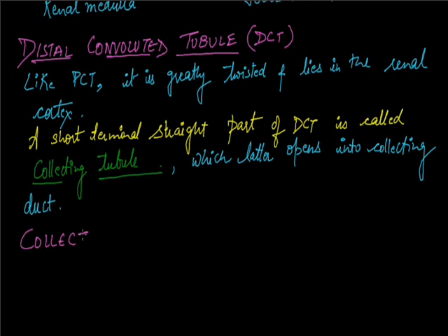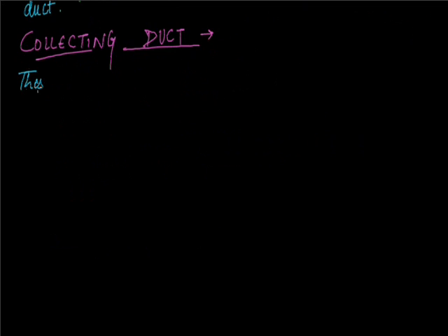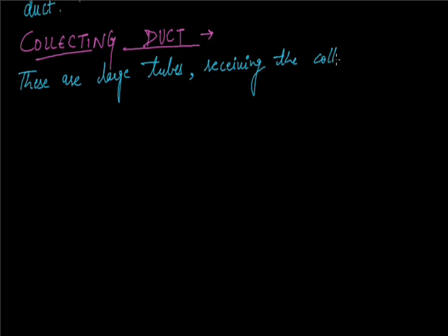Next is collecting duct, CD. These are large tubes receiving the collecting tubules of several nephrons.